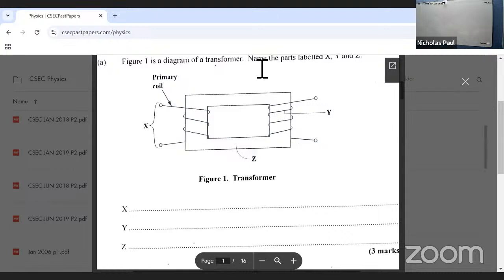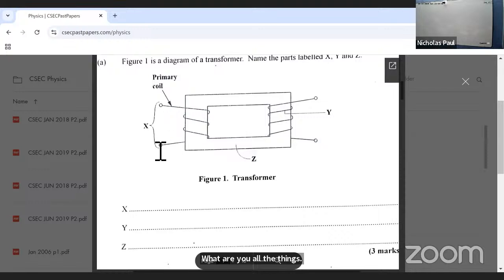All you're doing is just labelling it X, Y, and Z. The rest is a graph, but we don't have it. X is what? What do you all think? X is your primary supply.